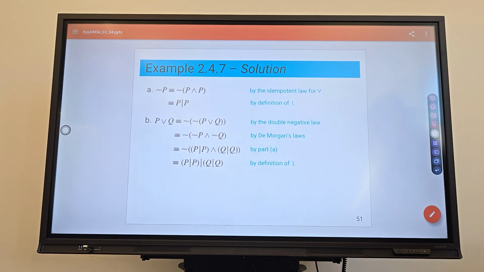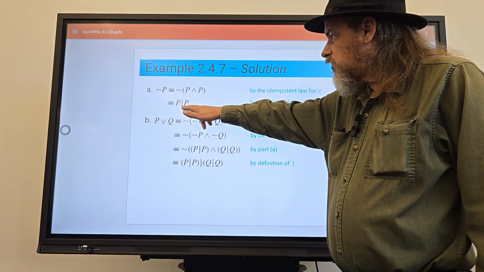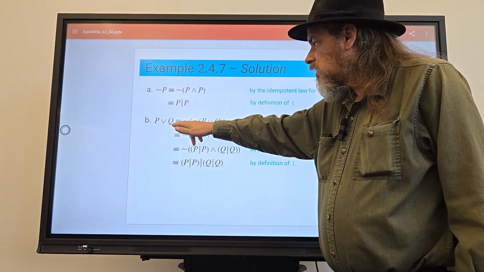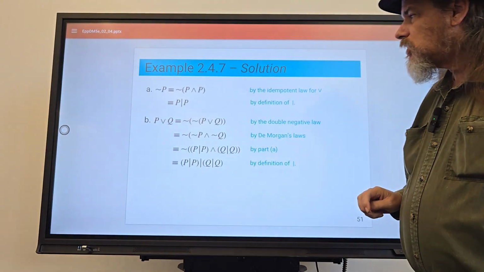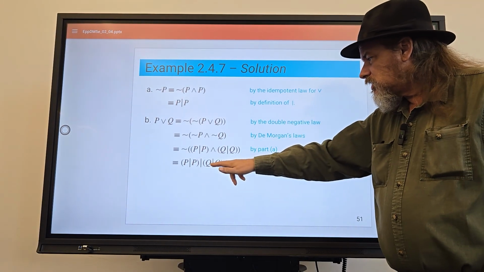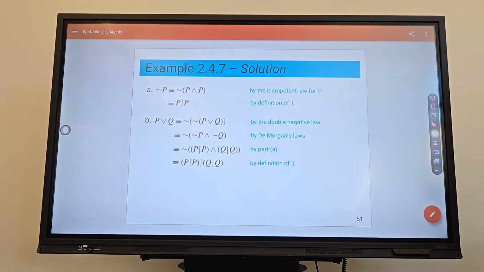What this shows is that not P can be obtained using NAND gates. P or Q can be implemented using NAND gates as well. This makes a NAND gate a universal gate. You can do anything logically with a NAND gate. You just have to have the right combination of stuff.